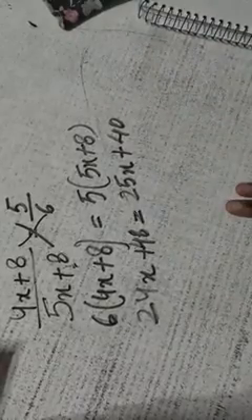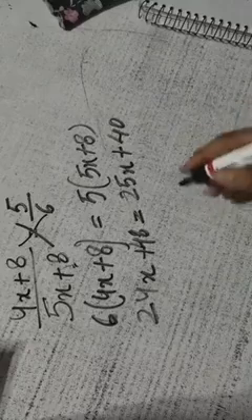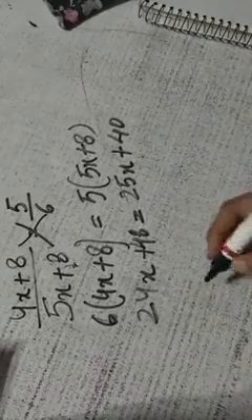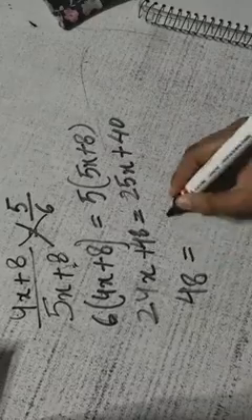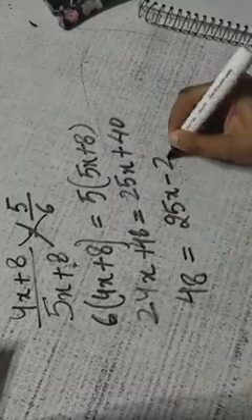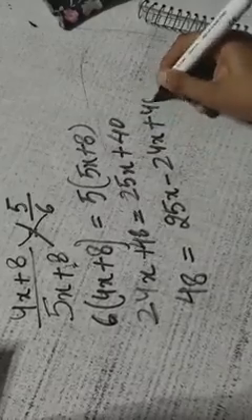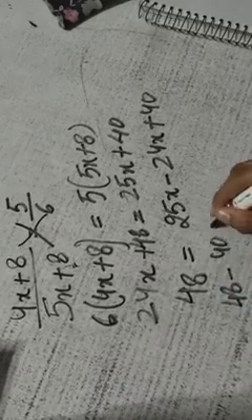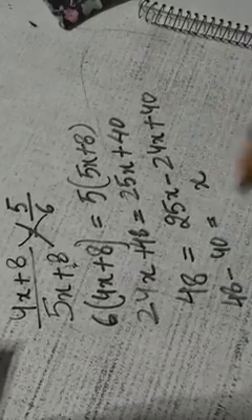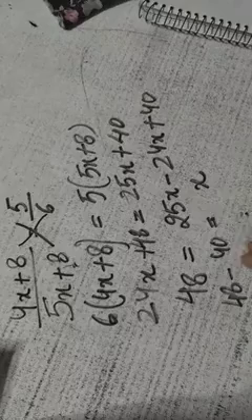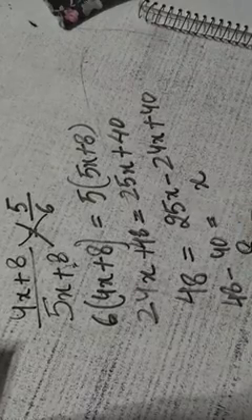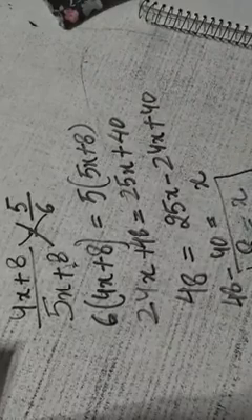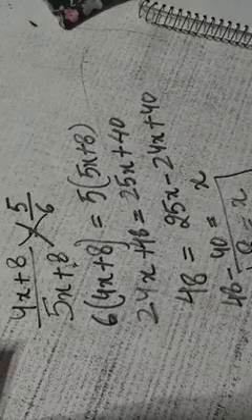So this will be the equation. Now we will do the transposing. Since this is the bigger number, we will bring this x term to that side. 48 remains here. 25x minus 24x plus 40. Now 40 will be transposed to this side. 48 minus 40 equals x. That is, x equals 8. The value of x is 8. Okay.